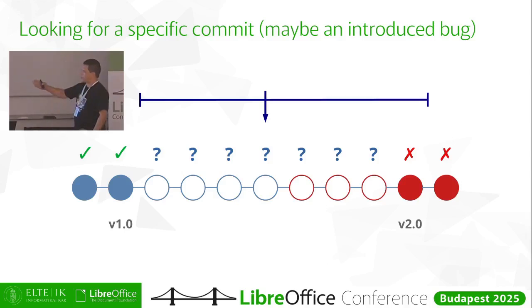So in this case, the blue circles are for commits that behave in the old way, and the red circles are for commits that behave in a bad way. The ones that are filled in are behaviors that we already know, and the ones that are hollow are ones we need to figure out. It's here for explanation purposes only, but we don't know.